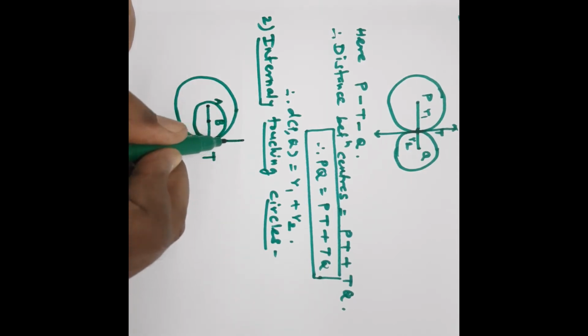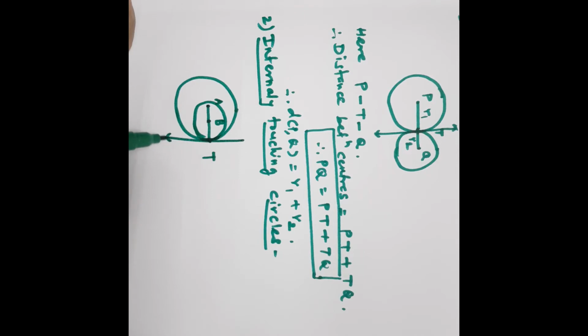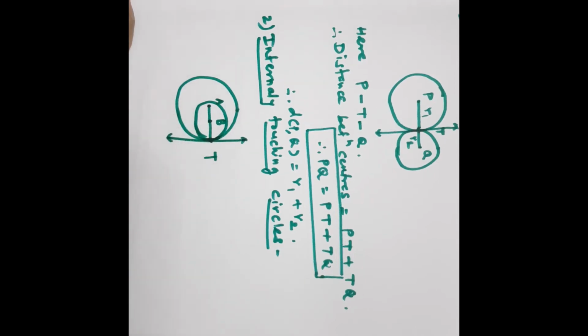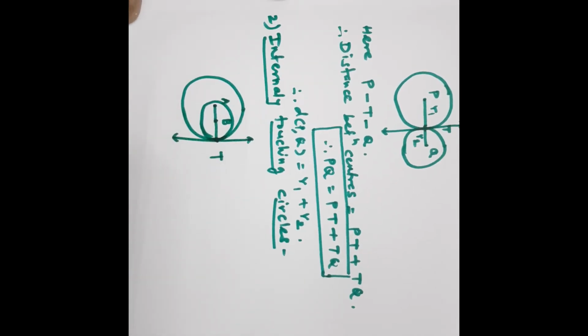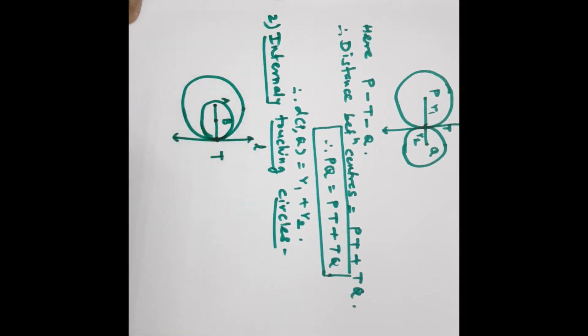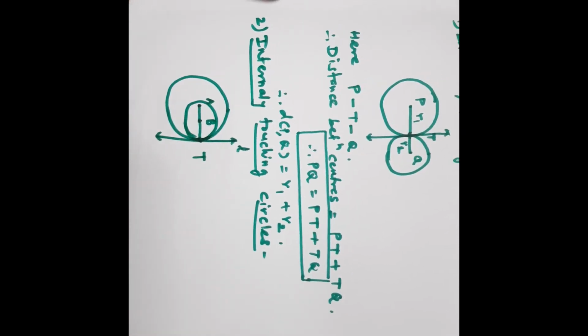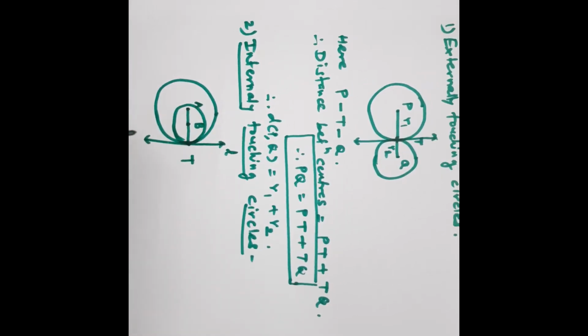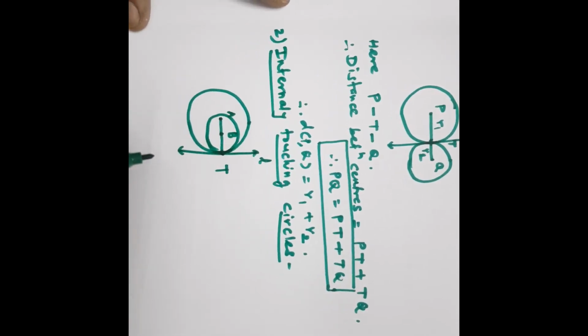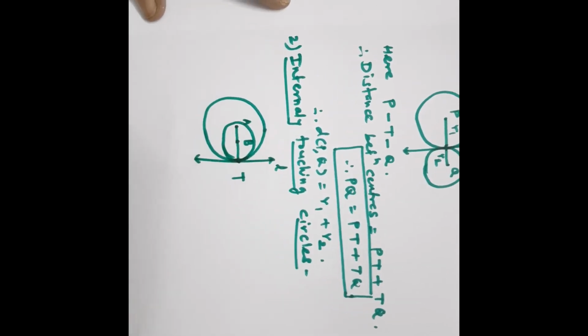If we draw a line L through point T, it will be the common tangent between the two internally touching circles.